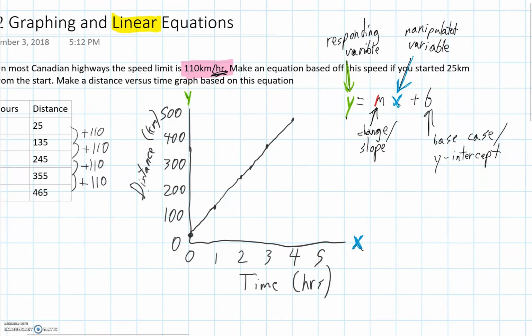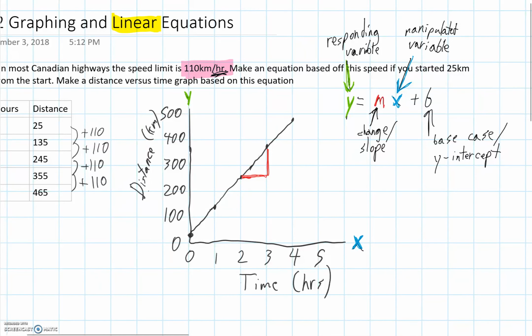For m, let's talk about this one. So m is our change or our slope. If you go to any part of our graph, and especially since it is a straight line, it doesn't matter, but because we have two numbers, we can use those, and it's going to be very nice and easy. It's the change.